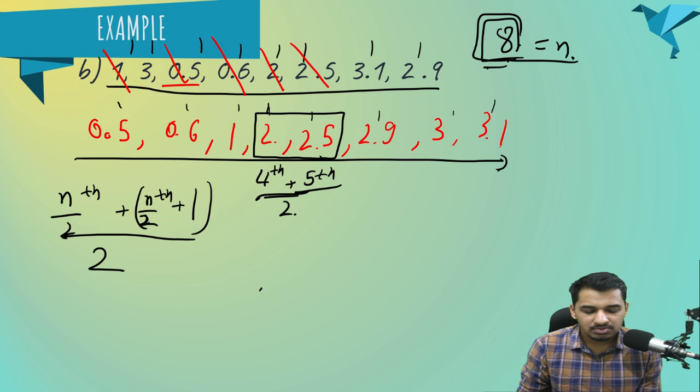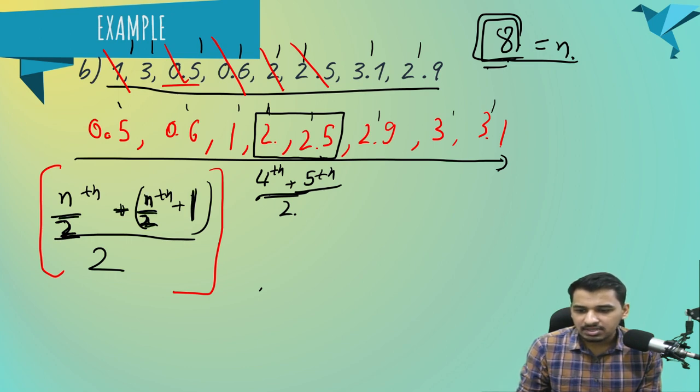Okay, you can write this formula: n by 2 term plus n by 2 plus 1 term. This plus 1 will be like this. Okay, n by 2 and then plus 1. Remember this. First n will get divided by 2 and then it will be plus 1. So n by 2 term and n by 2 plus 1 term, divided by 2.